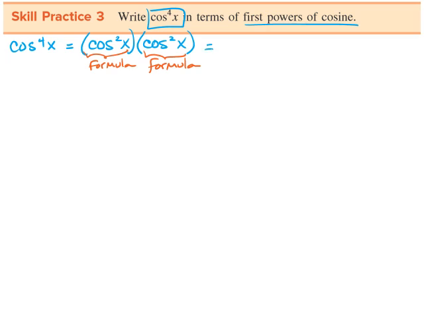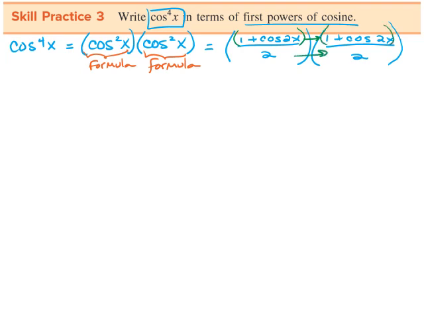And when I use that formula, I have 1 plus cosine of 2x over 2 times the quantity 1 plus cosine of 2x over 2. Then I can simply multiply across the top by foiling this and multiply across the bottom.